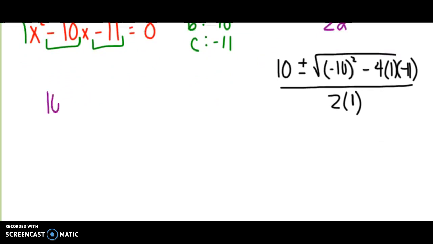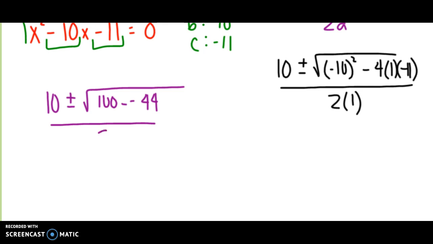So first, 10 plus or minus the square root of, well, negative 10 squared is 100, minus 4 times 1 times negative 11, which is negative 44, all over 2 times 1, which is 2. Now minus and negative changes to adding.